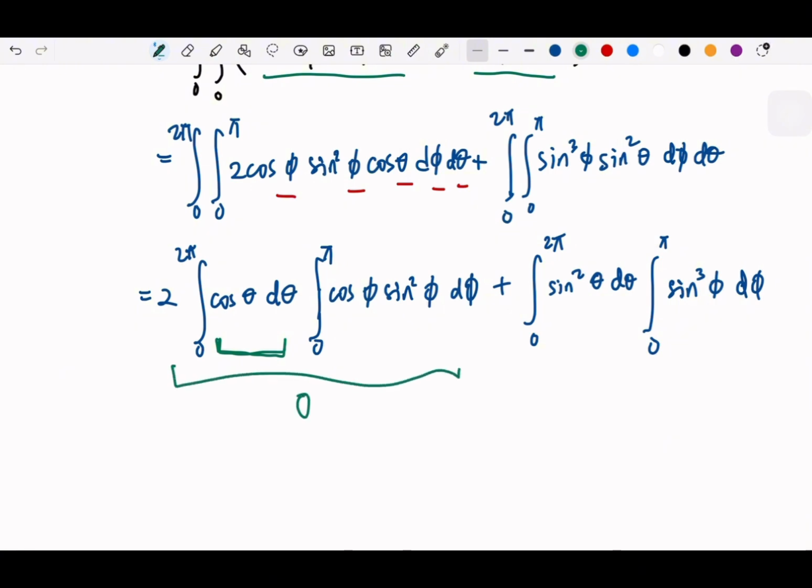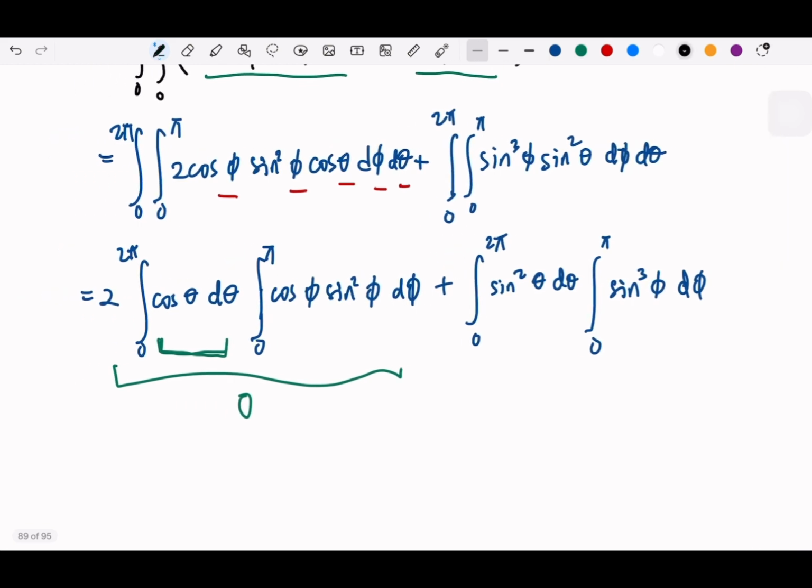Okay. So we can focus only on the right part, which implies that this sine cube and the sine squared will give the same result as the previous example, the first example that we found at the early introduction of surface integrals. So this is going to be very similar. So this will be 4/3 pi.